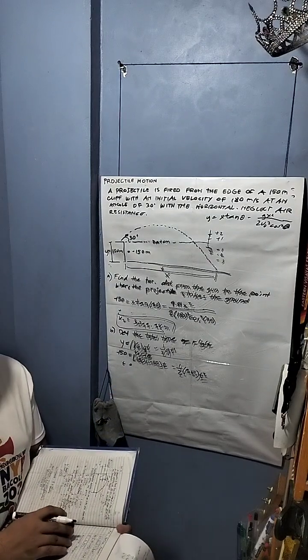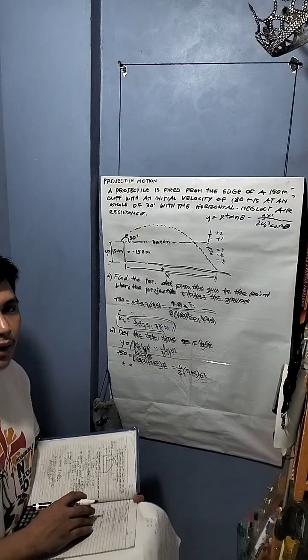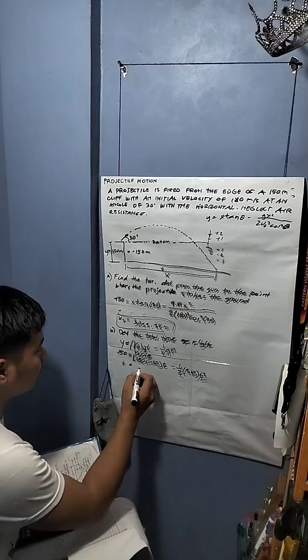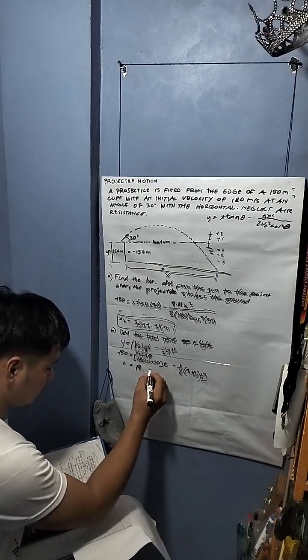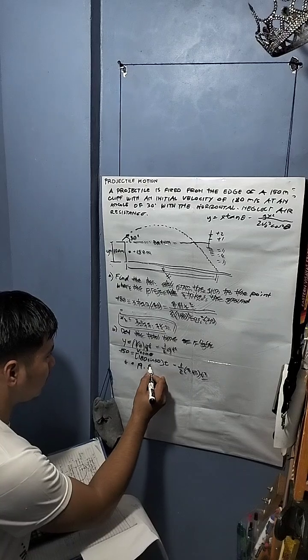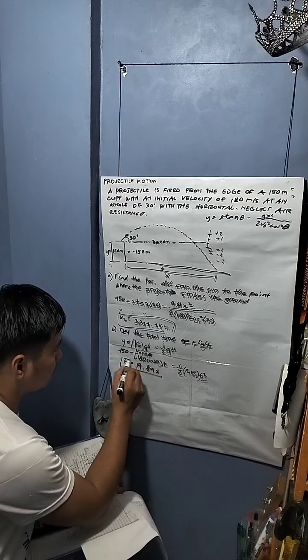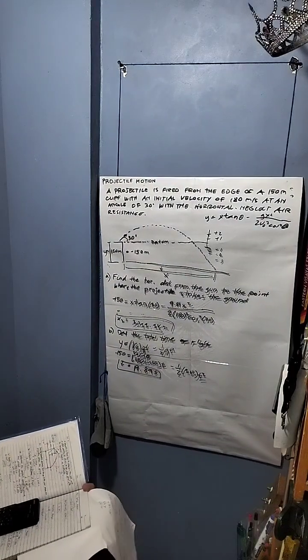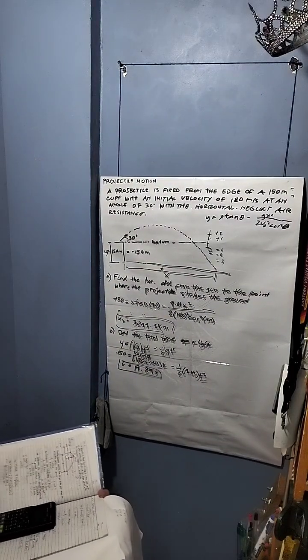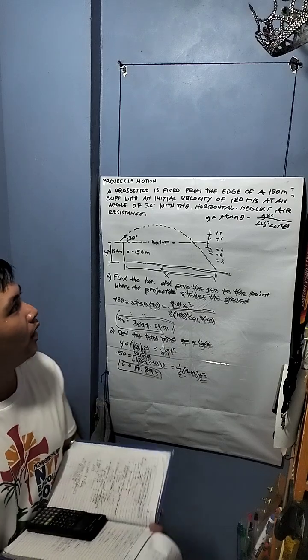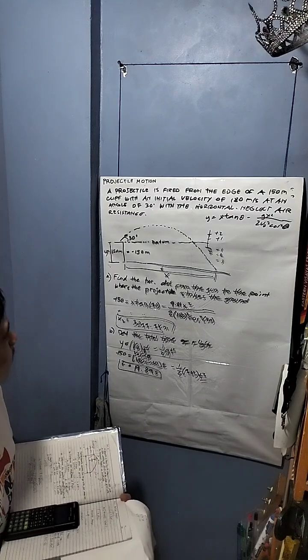Since I already input a positive value of x, I find that the value of our time is 19.89 seconds. So this is the time of flight taken by our projectile.